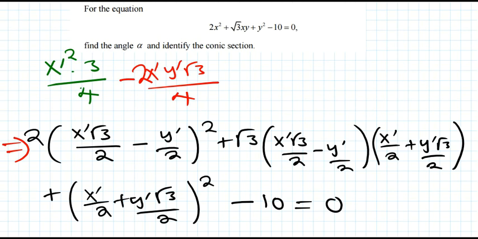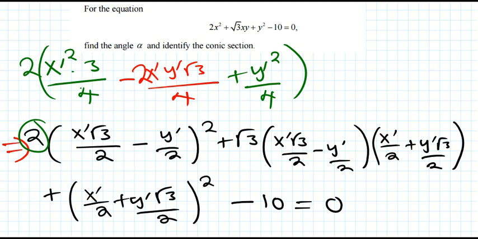And now here on this part, if you multiply it by itself, it's going to be positive y prime squared over 4. This was in the bracket squared, now there is a 2 which is outside there. So we can proceed in a similar manner, root 3, and then try to simplify the other parts as well.